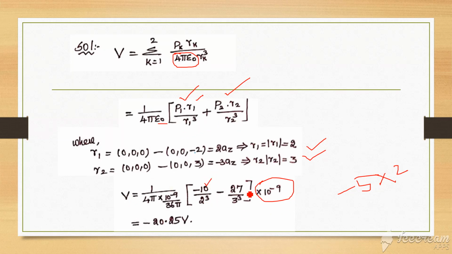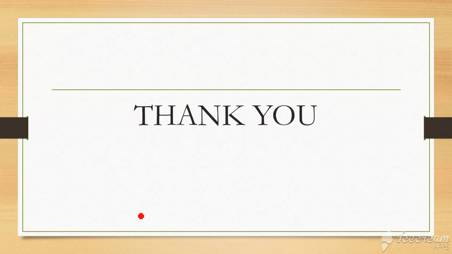For the second one, the value given is 9, and 9 into 3, the distance, is 27, divided by 3 cube. While solving this, we get the answer as 20.25 volt. This is the potential at the origin, V of 0, 0, 0, due to the dipole moments. This is the last problem.